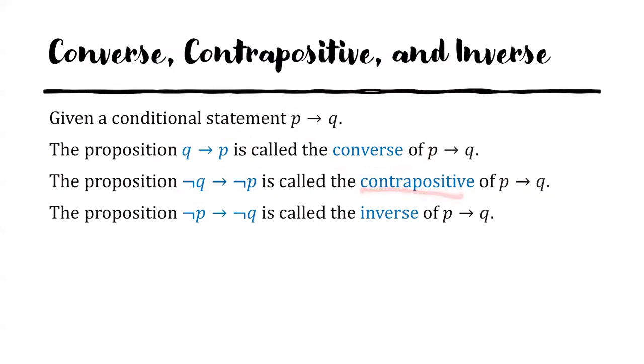So for the contrapositive, not only do you switch the position of P and Q, you also negate P and Q. Now, if you just negate P and Q without switching the position, you have not P implies not Q. That will be the inverse of P implies Q. So for example, using the example we have for the exam: if you pass all 3 exams, you will pass this course.